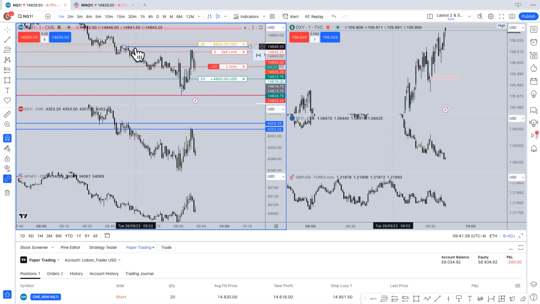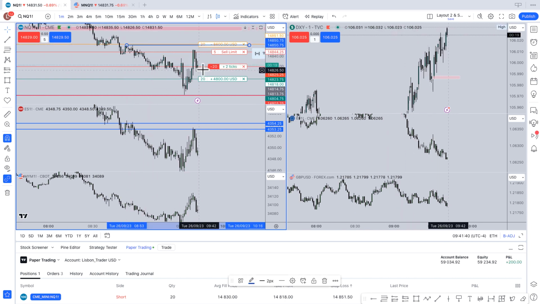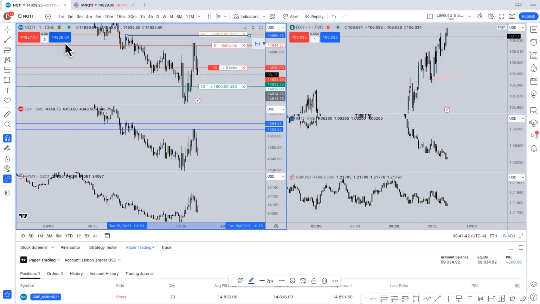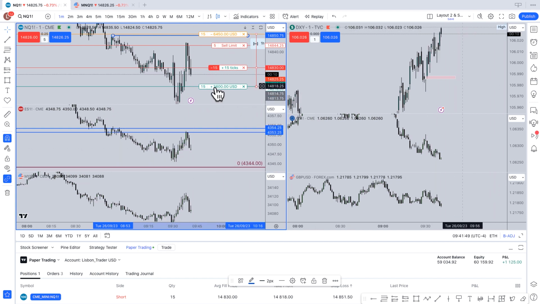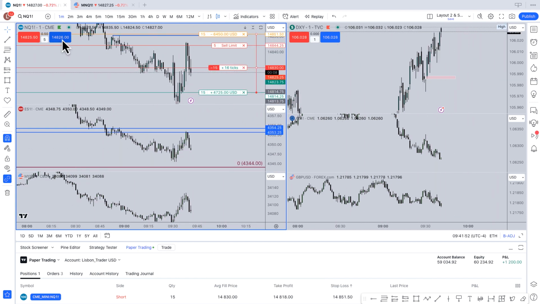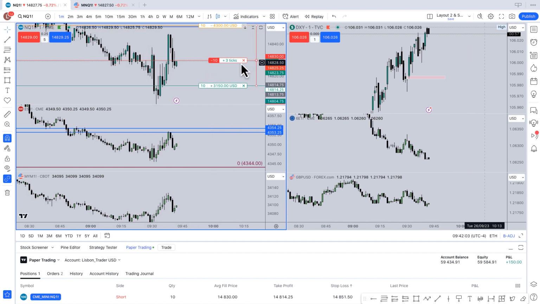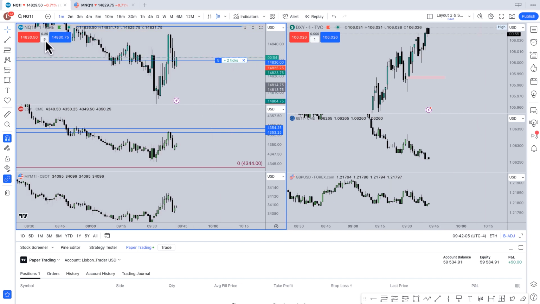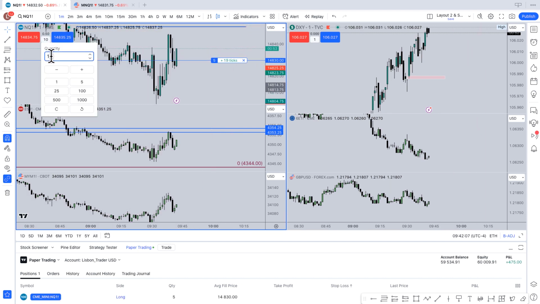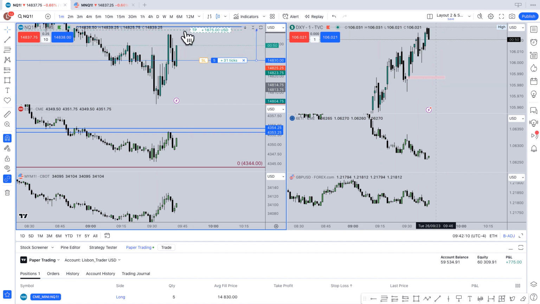Keeping this buy side intact for later. So it's already too long on the trade. There.